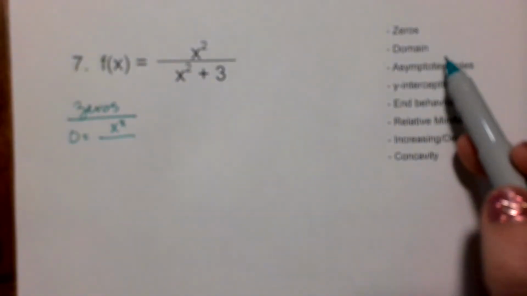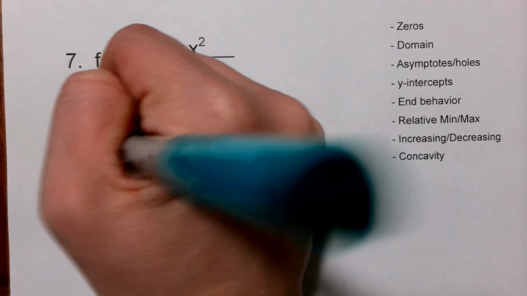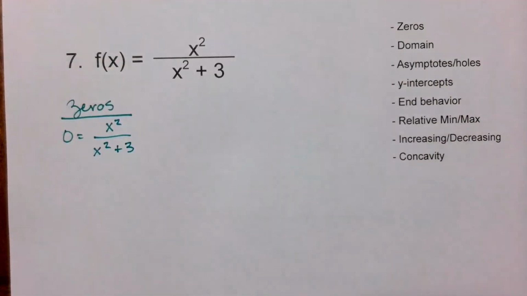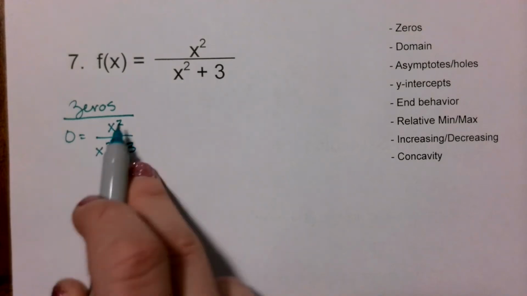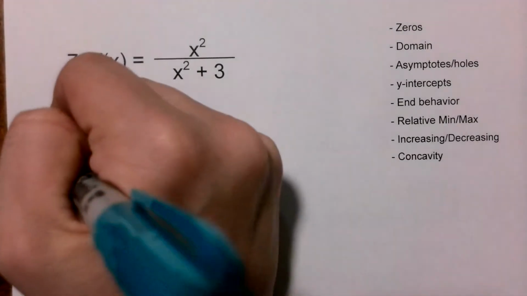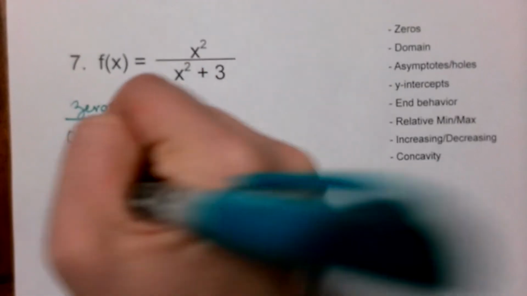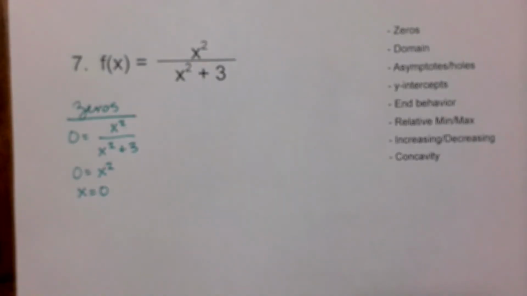Again, these first 4, which I think I added domain, so the first 5, are just relating to f. So I'm not taking any derivatives just yet. When I go to find the x-intercepts here, cross multiplying, I just get that 0 equals x squared, and so I have an x-intercept at 0.